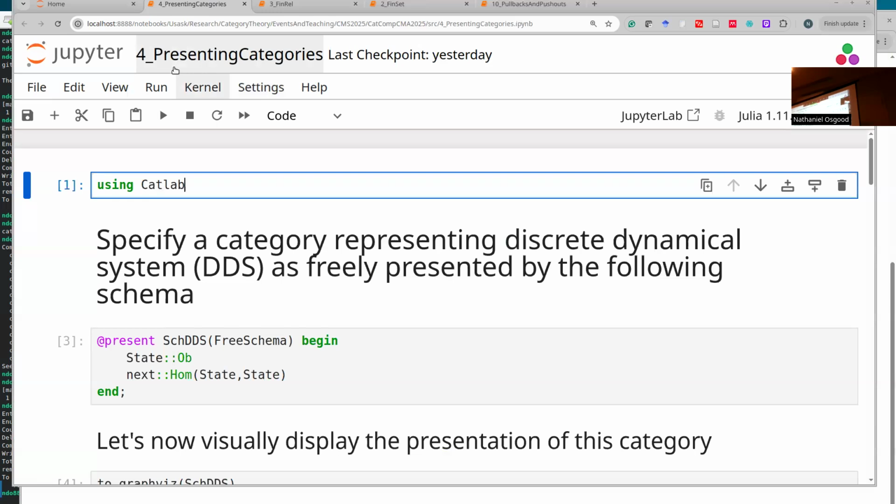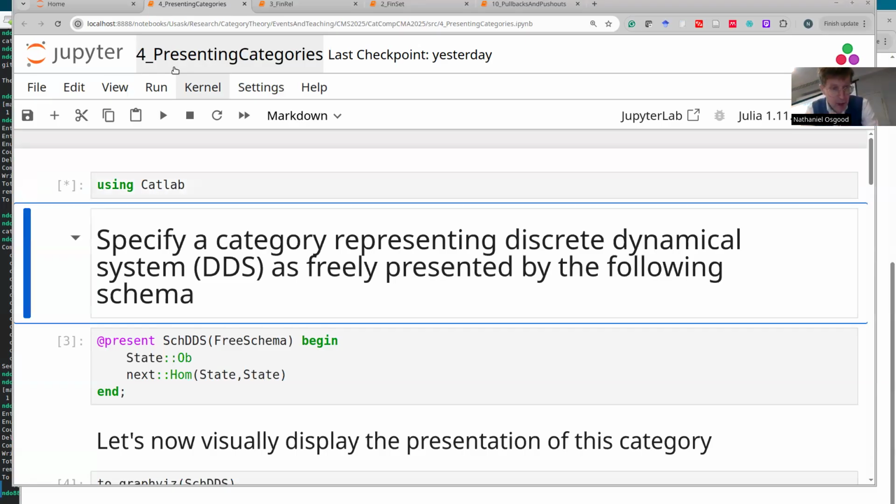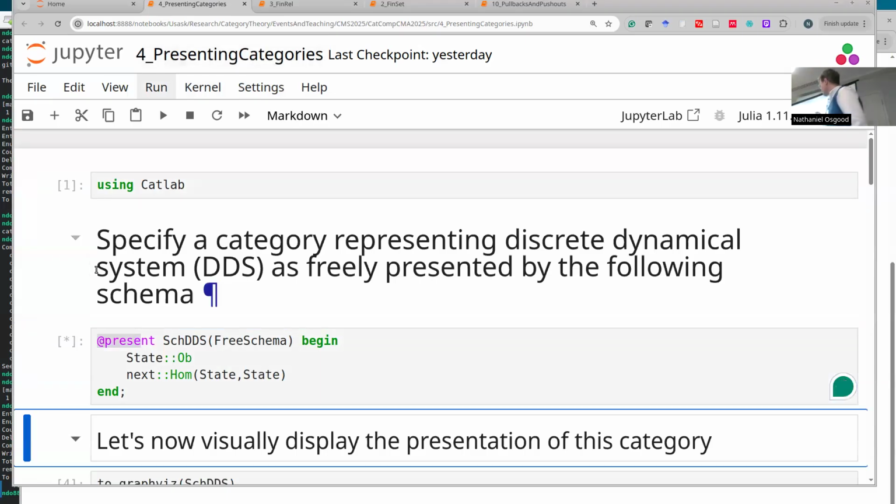Schemas are sort of these templates which we're going to map to FinSet and secure great power into plenty of instances. But in order to understand that, you have to understand how to present categories. The notion of presenting a category is going to be quite central here. So we're going to start this script off and create a finite presentation of a category.